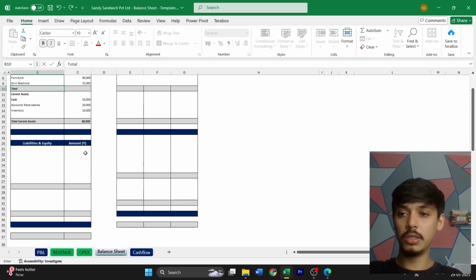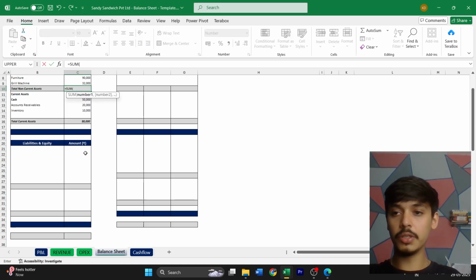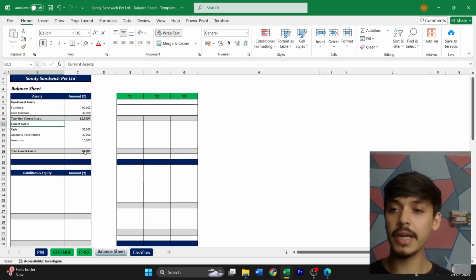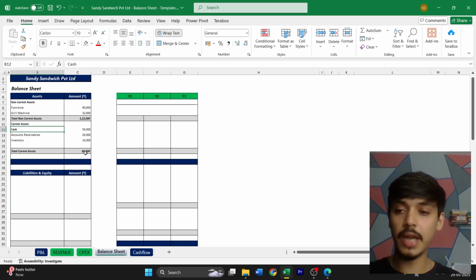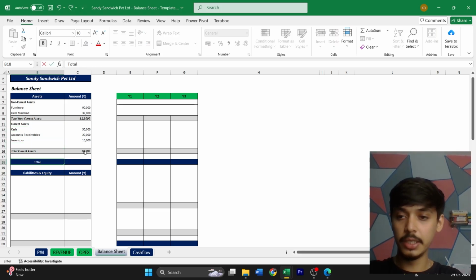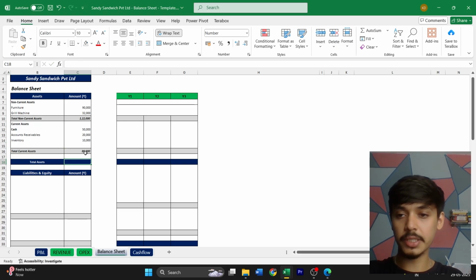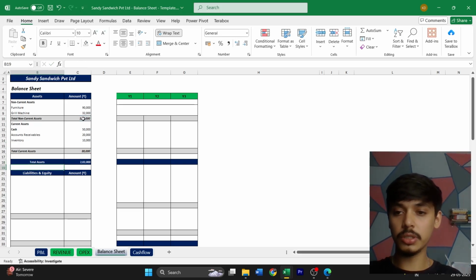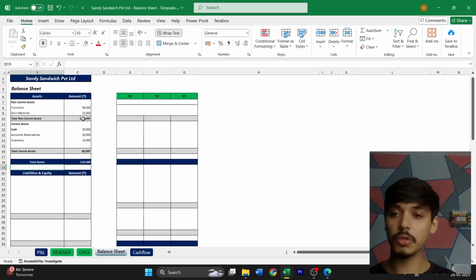So total non-current assets will be the sum of these two, which is 1,22,000. So that way we created our asset side of the balance sheet. We will now calculate the total assets that we have in our business, which is 1,22,000 plus the 80,000, which is 2,02,000 worth of assets.